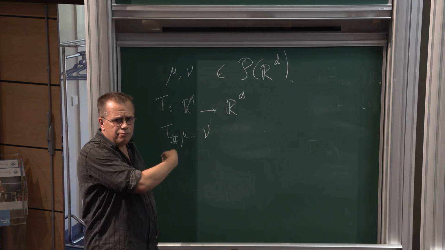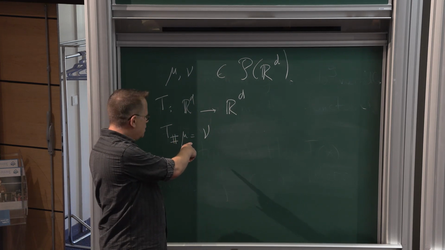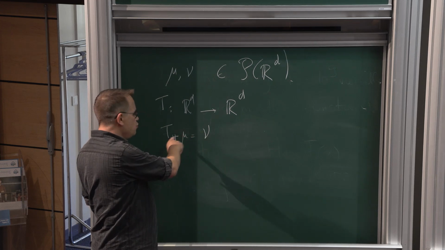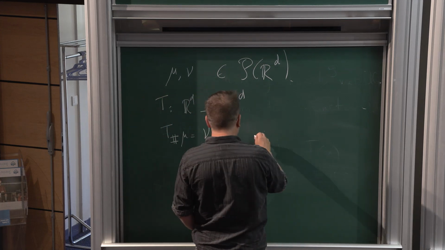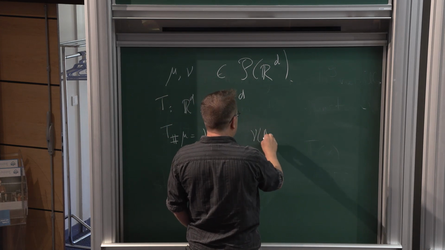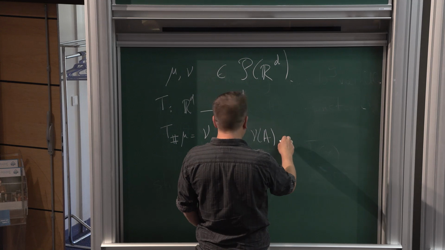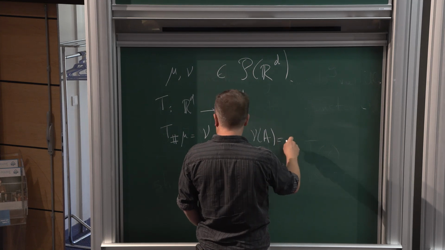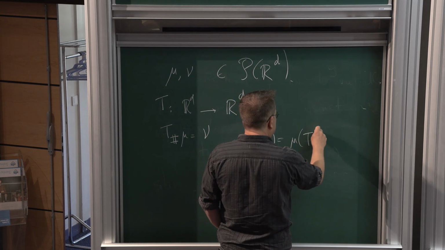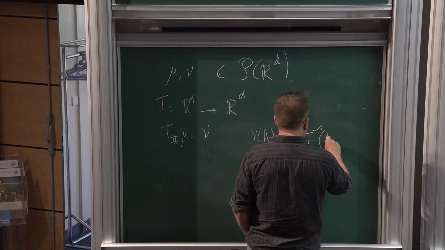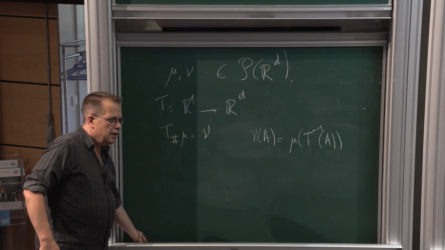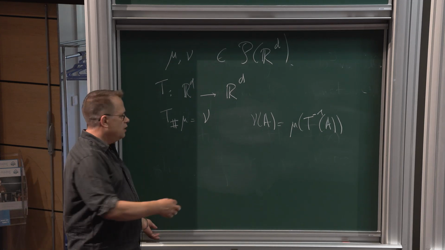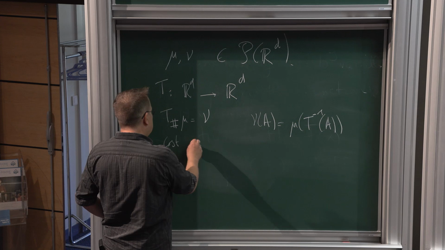Simply, nu is the image measure of mu by T. Okay, so which, for example, means that nu of A, some measurable set, is equal to mu of the reciprocal image of A.